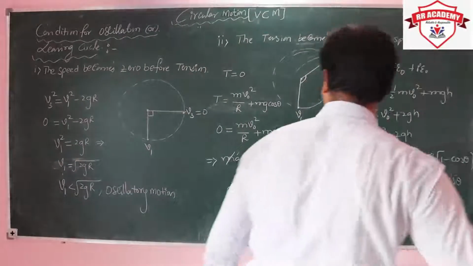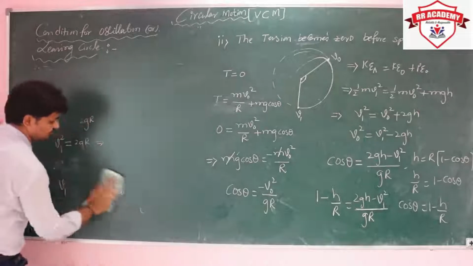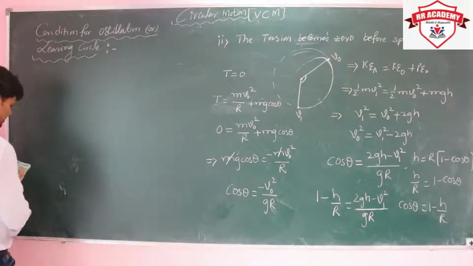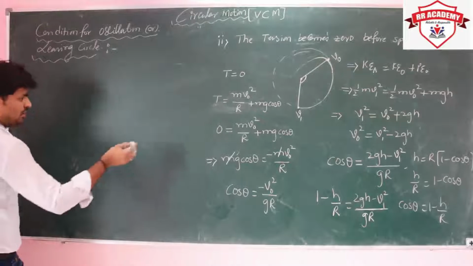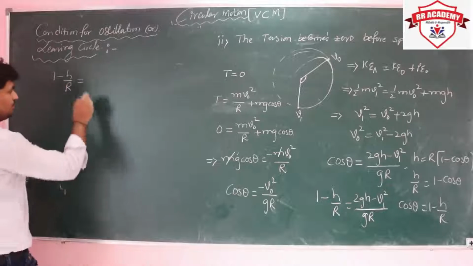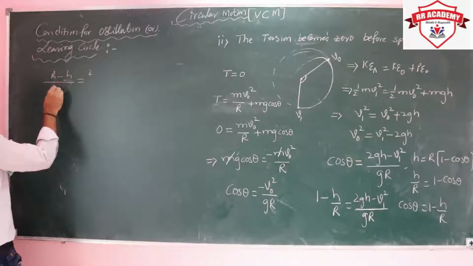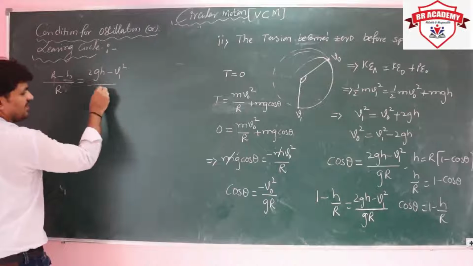So now we need to find the value of h. We have 1 minus h by r is equal to 2gh minus v1 square upon gr. Taking r as the LCM, r minus h upon r is equal to 2gh minus v1 square upon gr.